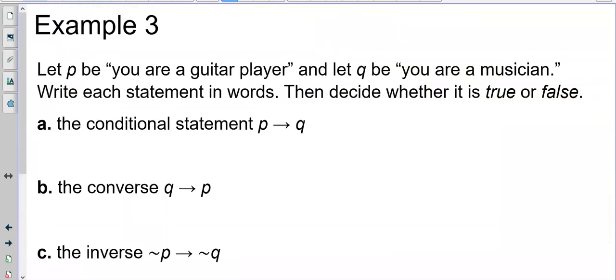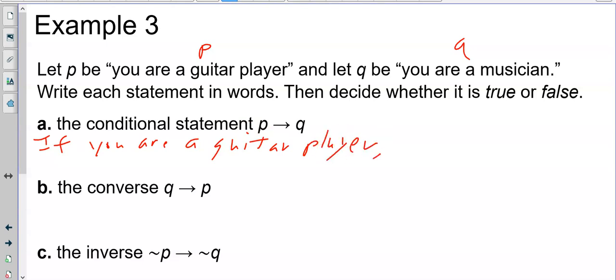So let P be you are a guitar player. Let Q be you're a musician. Write each one. So this is my P. This is my Q. So conditional statement, if P, then Q. So if you are a guitar player, then you are a musician.